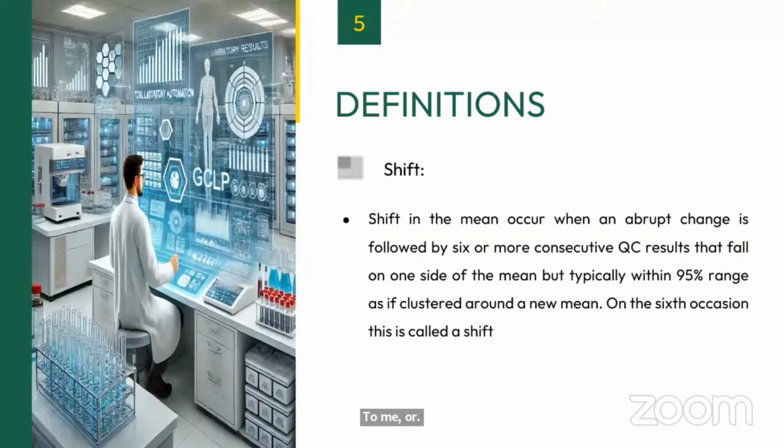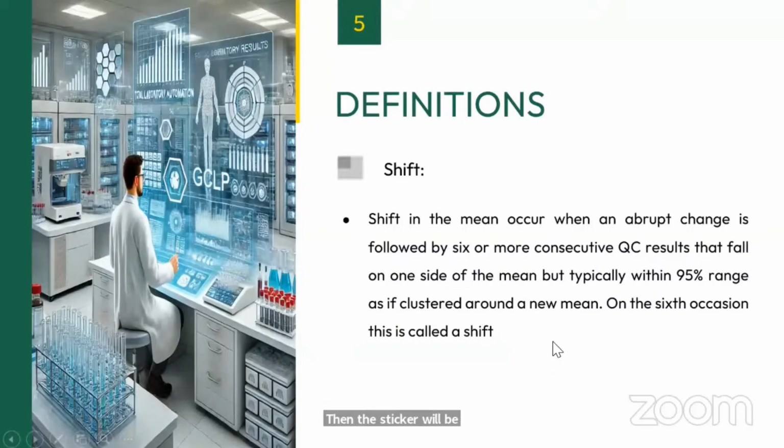If there is a shift, it means a gradual change in this mean, maybe on the negative side or maybe on the positive side. For example, they have mentioned that if 6 or more consecutive QC results are going only on the lower side or on the higher side, then the 6th result will be called a shift.